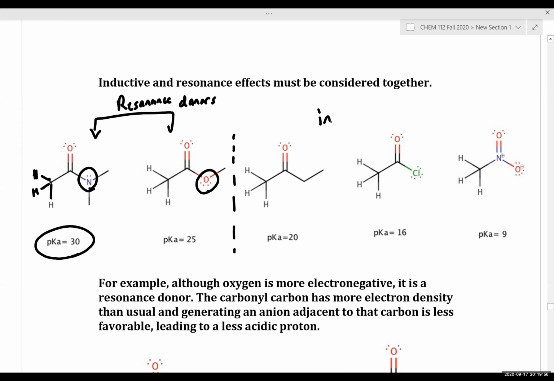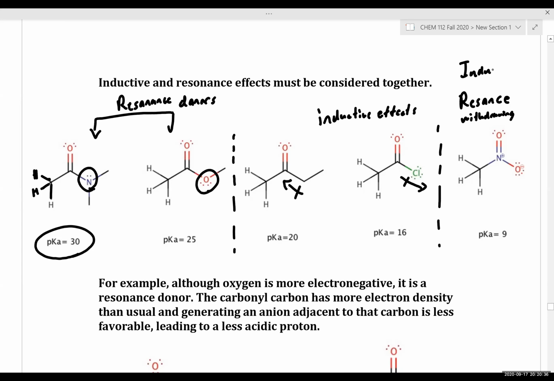The next two we can rationalize using inductive effects. Chlorine is inductive withdrawing, carbon is an inductive donor. Does this next argument make sense? And in the last case, we can invoke our resonance argument, where we have a resonance withdrawing group that is very readily able to stabilize our anion.